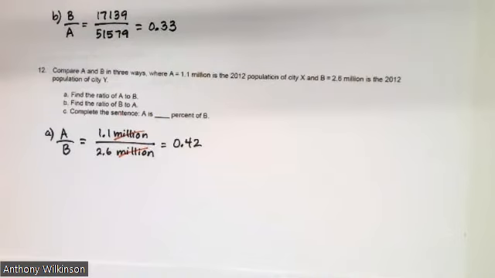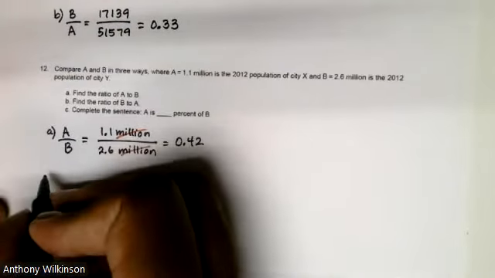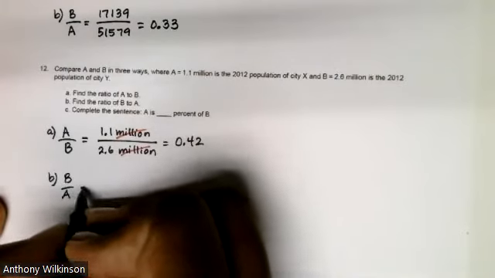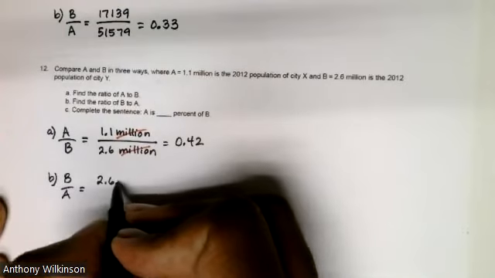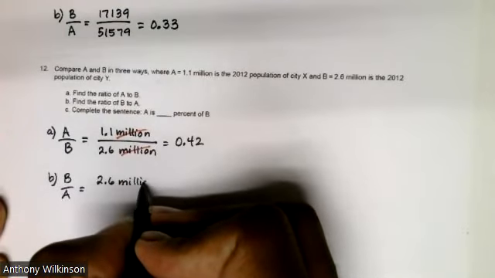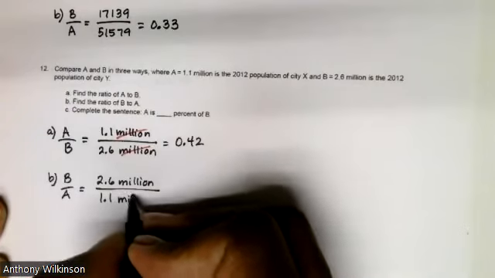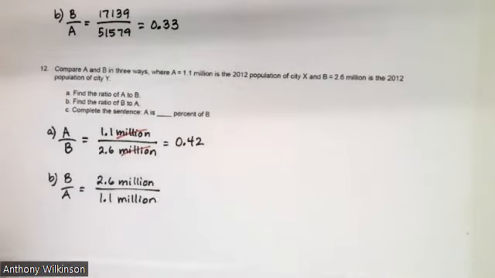Now part B, find the ratio of B to A. So it's B over A this time. Now your 2.6 million will be in the numerator, divided by 1.1 million in the denominator. Again, the millions divide out.